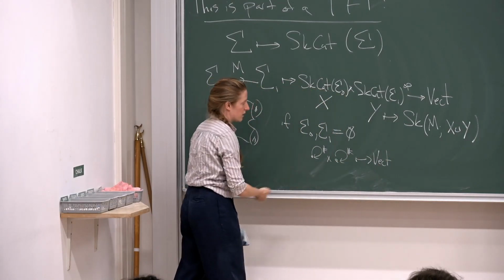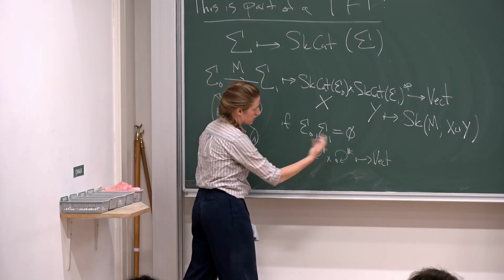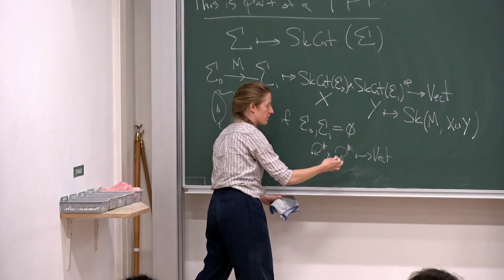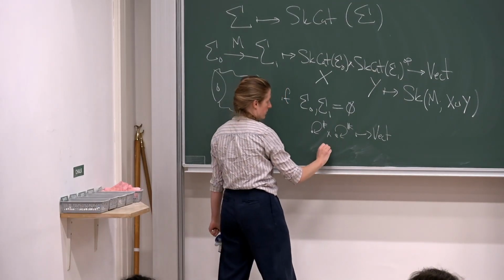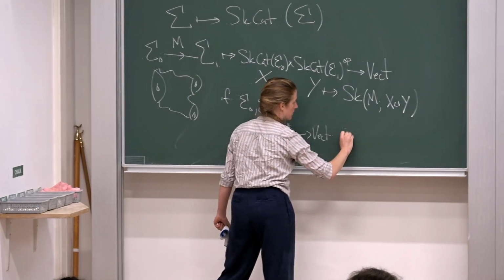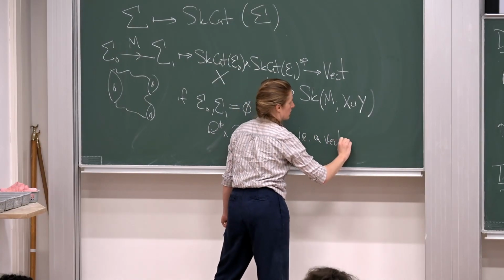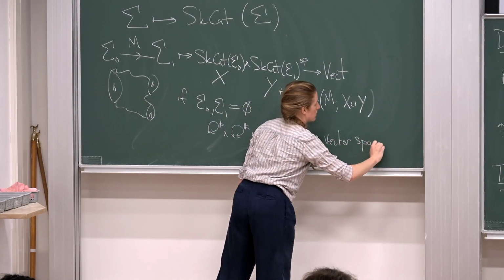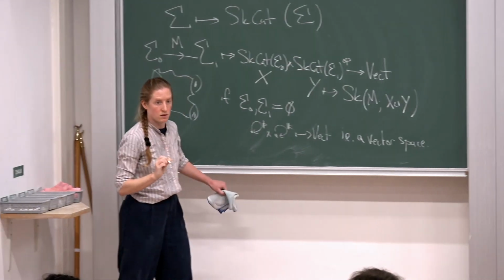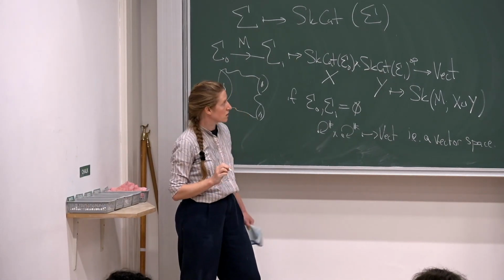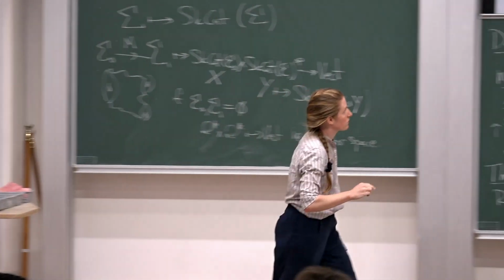And this will look like a bimodule, or not a bimodule, but like a vector space. So it will be a really torturous way of writing a vector space. This is like a profunctor. Yeah, this is a profunctor. They compose like profunctors.